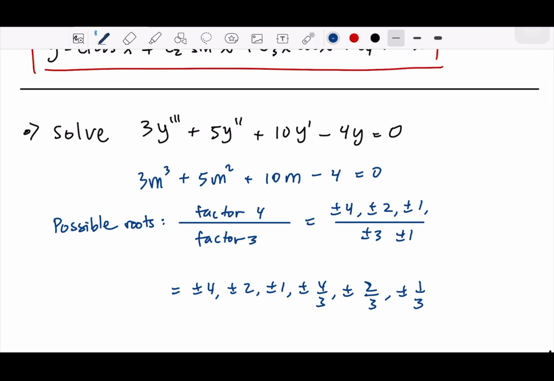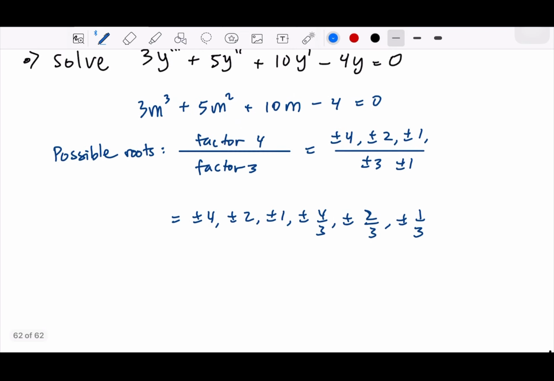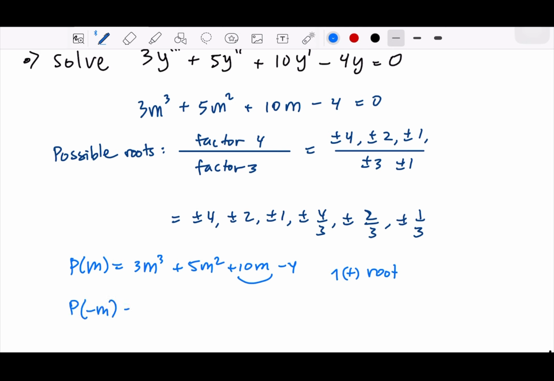Okay, now to narrow our roots, maybe we check the Descartes rule. So let it be m. We have one positive root, and when we have negative m, we have 1 and 2.